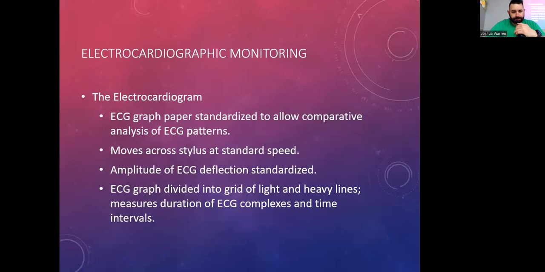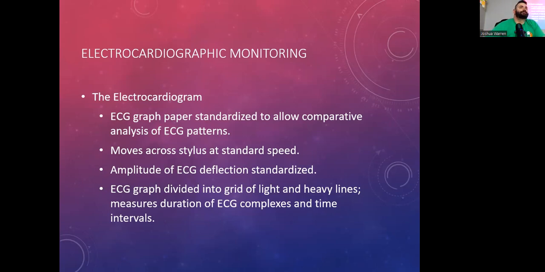Now let's get spicier. The EKG graph paper is standardized to allow comparative analysis. What does it mean, comparative analysis, Tyler? Okay. Fair enough. It's standardized so I can analyze the EKG and look for those pattern breaks.